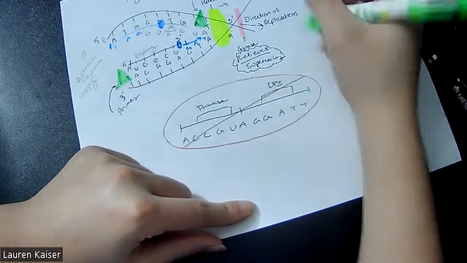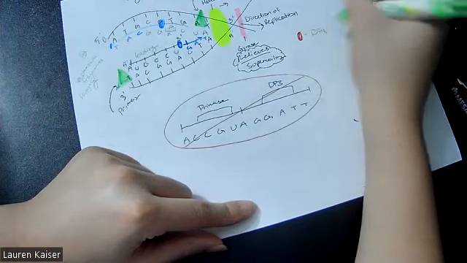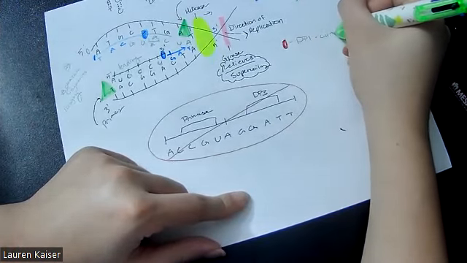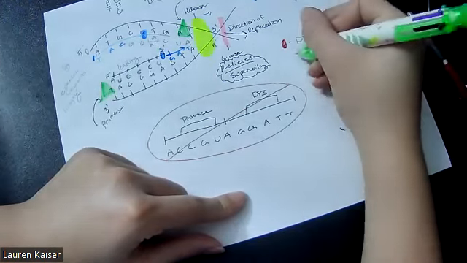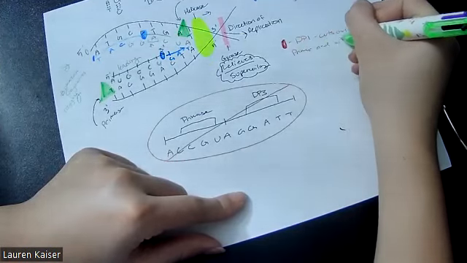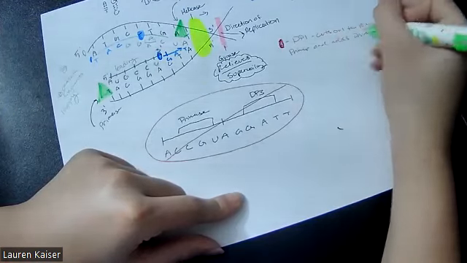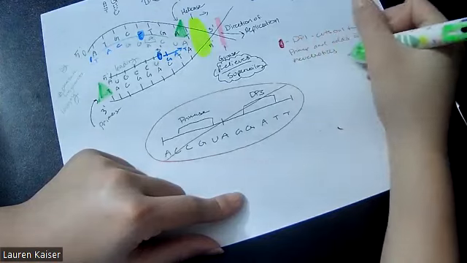So, we have DP1. It comes in and cuts out the RNA primer and adds DNA nucleotides in its place.